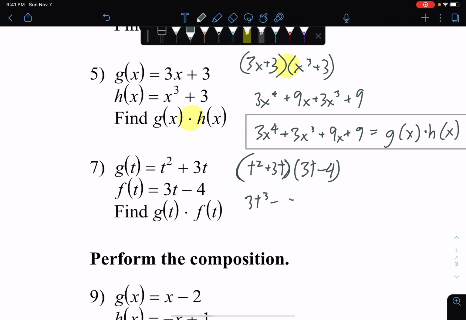Negative 4t raised to 2 plus 9t raised to 2 minus 12t. There's so many t's. Let's proceed. 3t raised to 3, simplify, plus 5t raised to 2 minus 12t is equivalent to g of t times f of t.